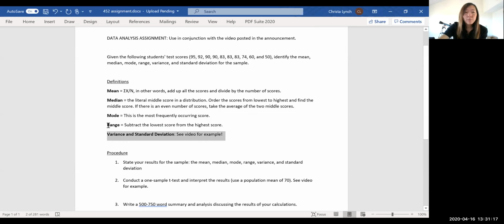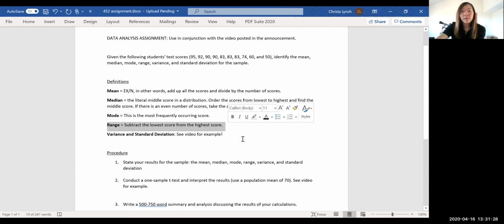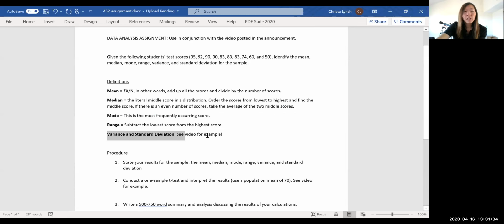Moving on to measures of variability. For the range, you subtract the lowest score from the highest score, so it gives you an idea of how spread apart the data are. And then the variance and standard deviation, we'll look at a video in a minute that shows you how to calculate those.